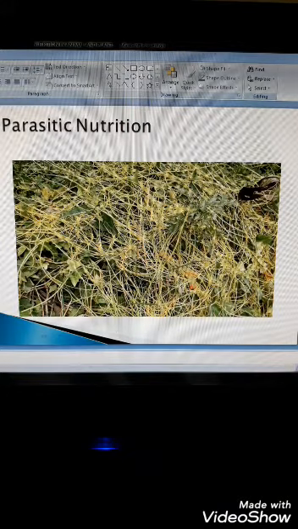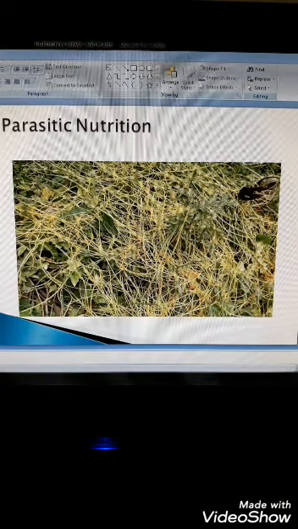So when the haustoria pierces inside the plant, it absorbs the food and water from the host plant. Fine. So this kind of mode of nutrition in which an organism derives ready-made food from the body of another living organism is called parasitic nutrition.